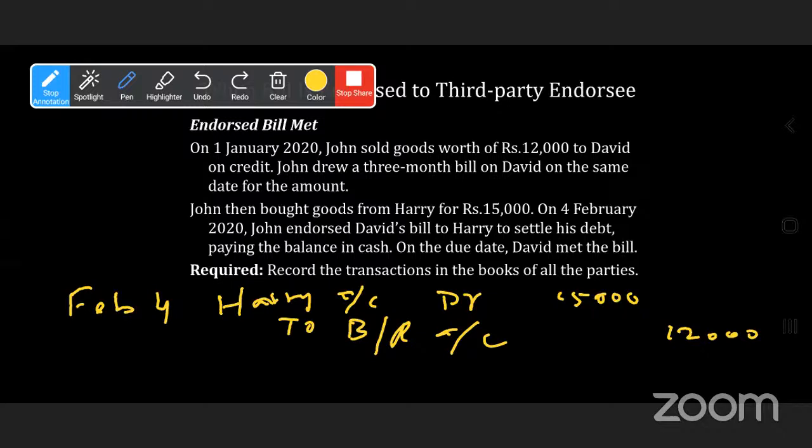Now he has a bill, and that bill was endorsed to Harry. So to bills receivable account 12,000, and the remaining balance was paid in cash, to cash account 3,000. Harry account debited to bills receivable account and to cash account. Is it okay?